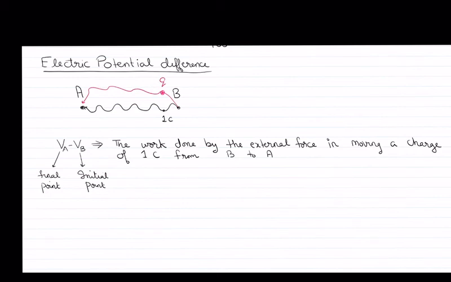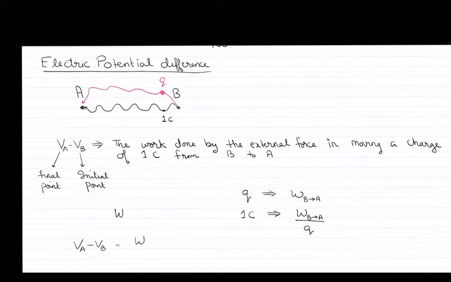And in this process, I have to do a work W. So again, I can write the same equation: for taking a charge of Q coulomb from B to A, I have to do a work W. If I take a charge of 1 coulomb, then it will be W from B to A divided by Q. So this will be the potential difference VA minus VB.